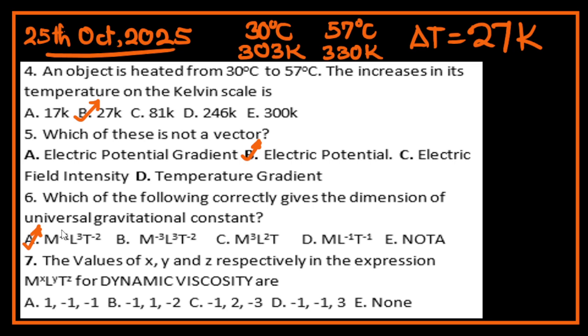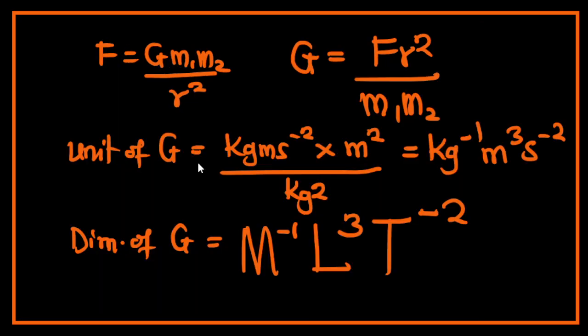Number 7. We have it that the values of x, y, and z respectively for this expression for dynamic viscosity. The question is asking you for information on dynamic viscosity.